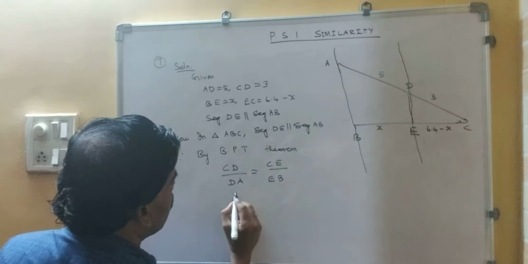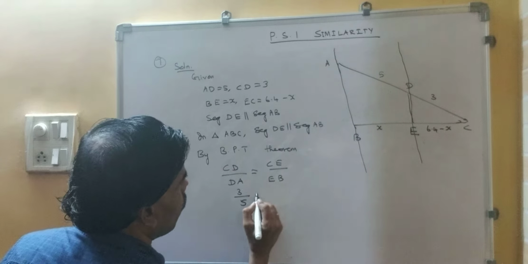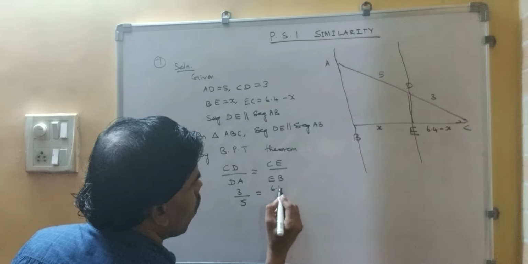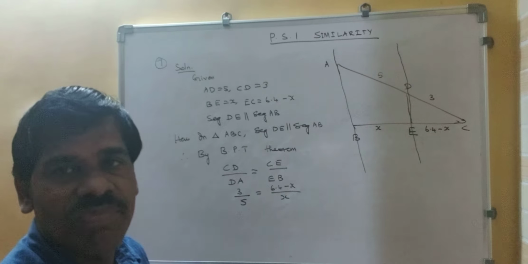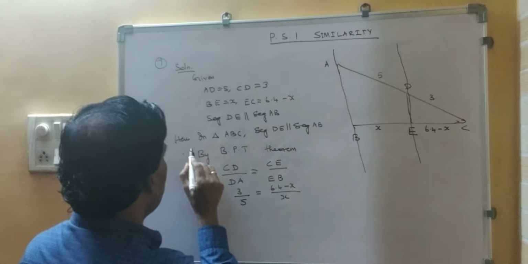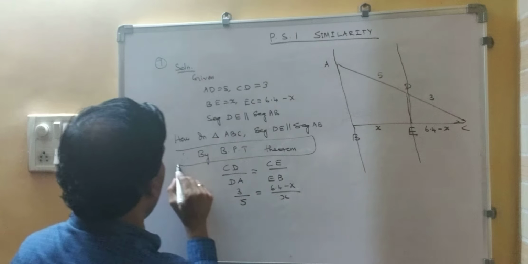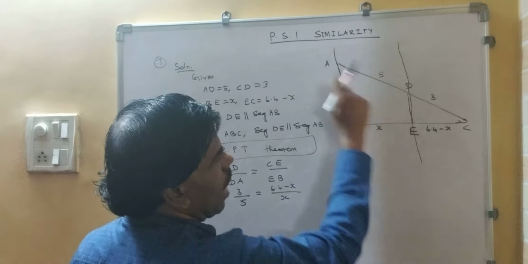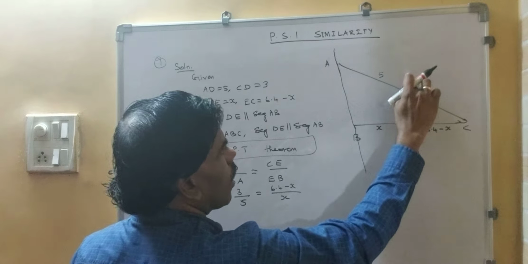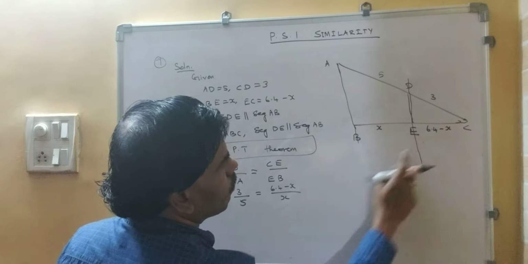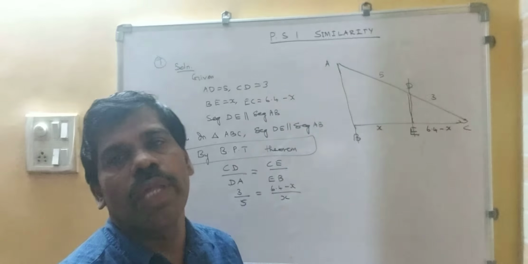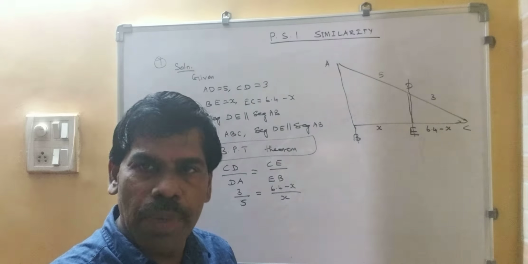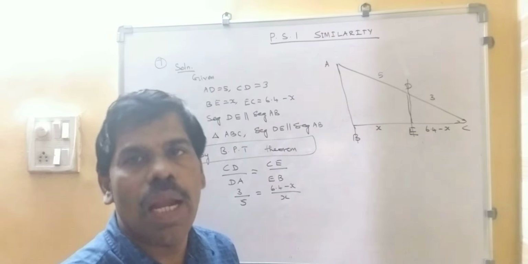What is CD? 3. 3 upon 5 equal to 6.4 minus X upon X. Very simple. We are using BPT theorem, that's all. Because this is a triangle, this is a side drawn parallel to one side of the triangle. Therefore, BPT theorem will be applied, or we can apply.